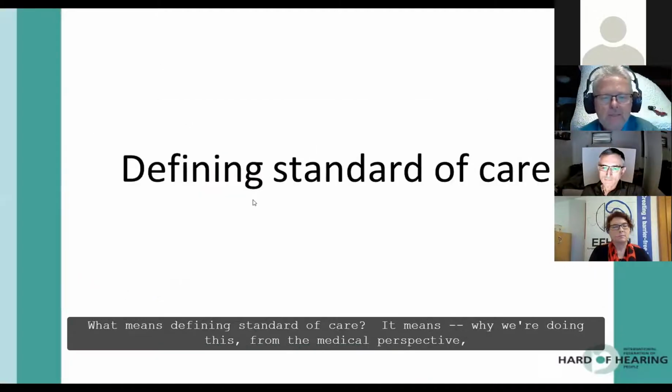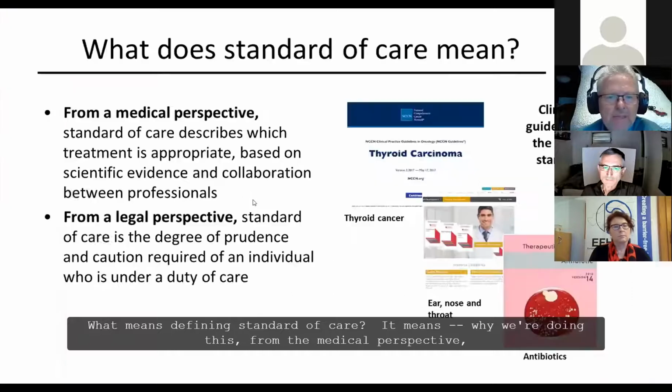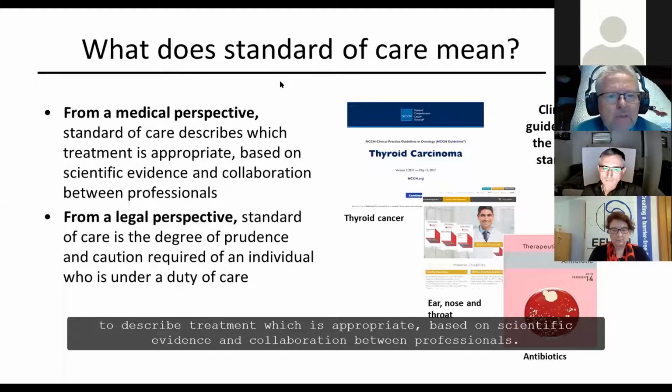So what does defining standard of care mean? That means why we are doing this. From the medical perspective, it describes a treatment which is appropriate based on scientific evidence and collaboration between professionals.